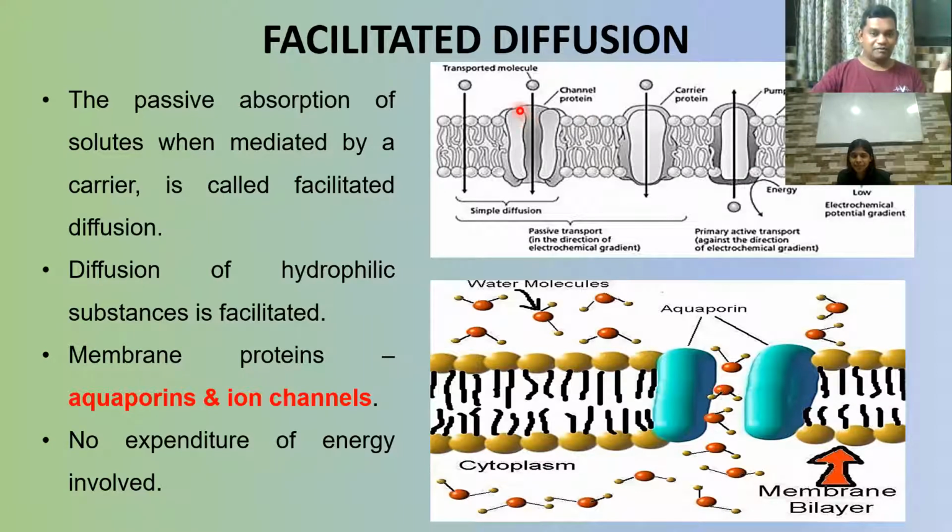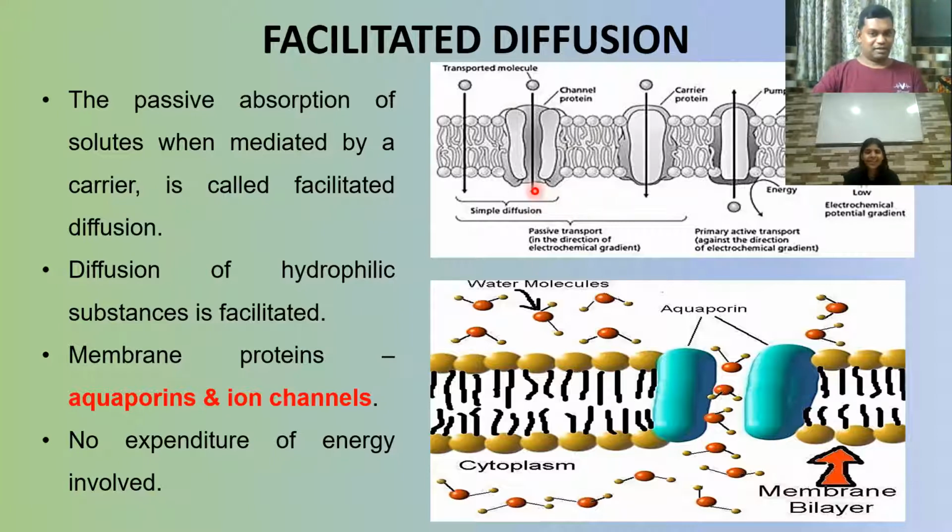A channel, a kind of passage, is created, so molecules can just cross that passage and come inside. So when water is absorbed, molecules also come along with the water.